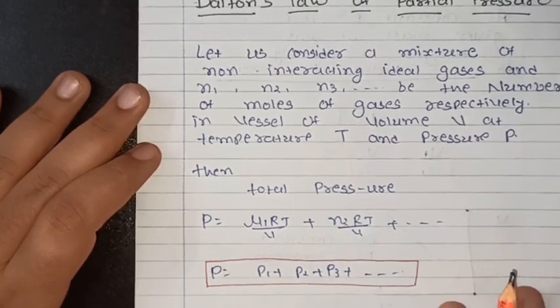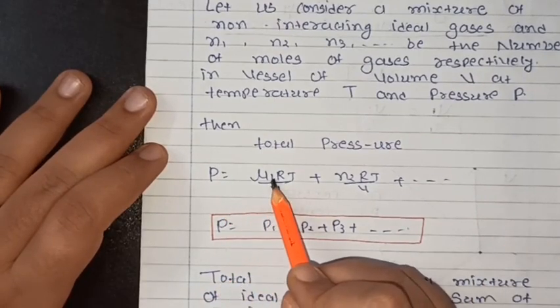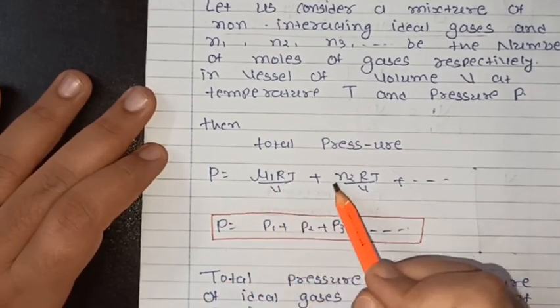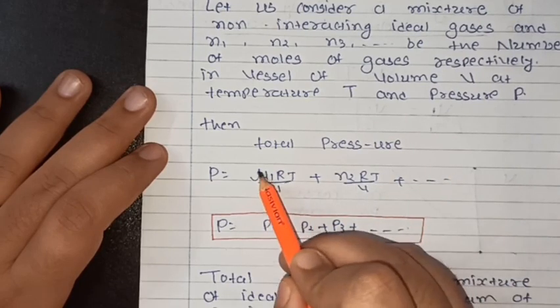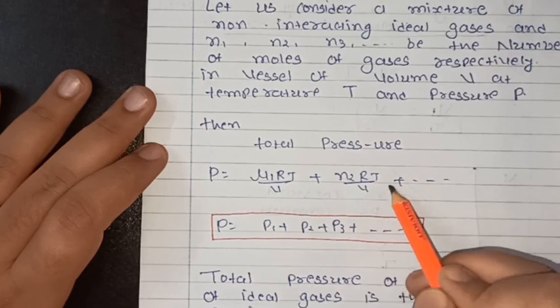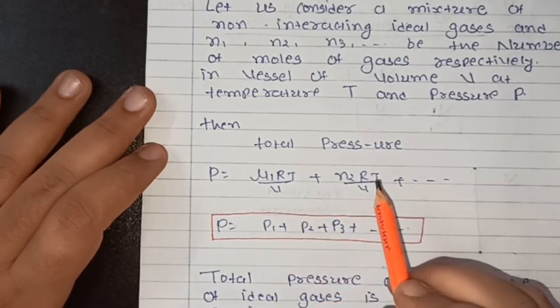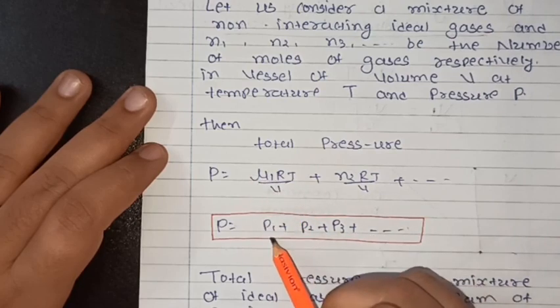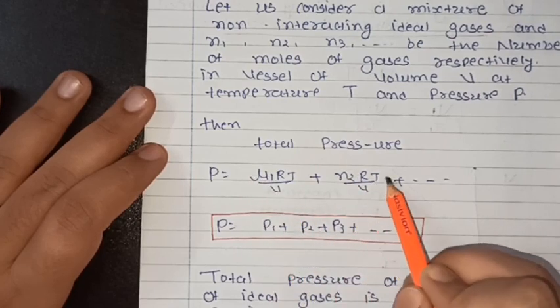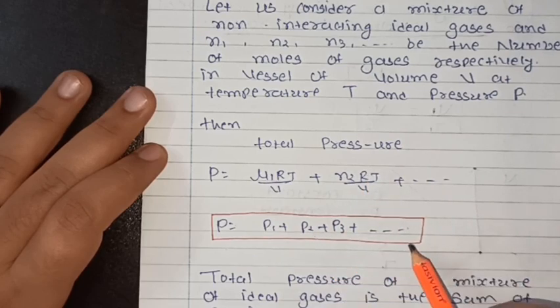Then the total pressure inside the container is given by n1RT/V plus n2RT/V and so on. Here n1RT/V, n2RT/V is the pressure of individual gases. So let's say this is the pressure of gas 1, that is P1. This is the pressure of gas 2, that is P2, pressure of gas 3 and so on.